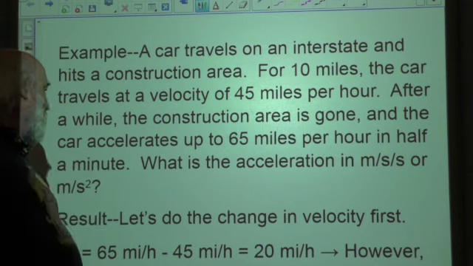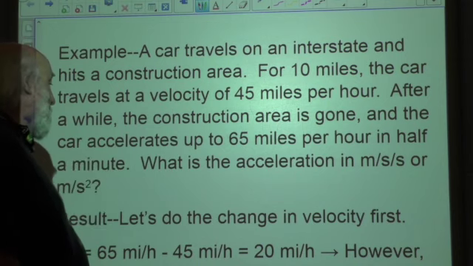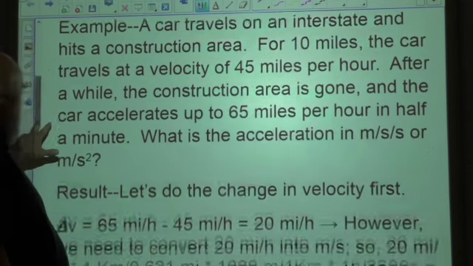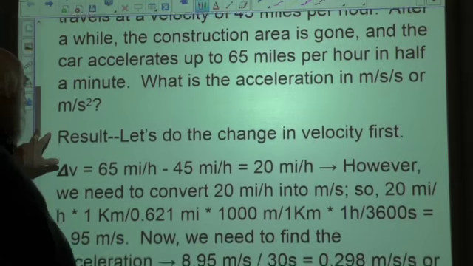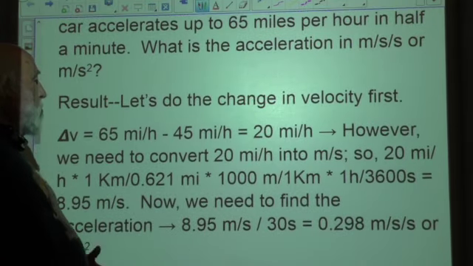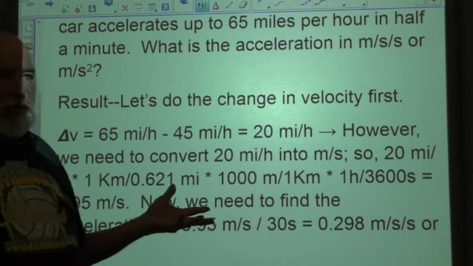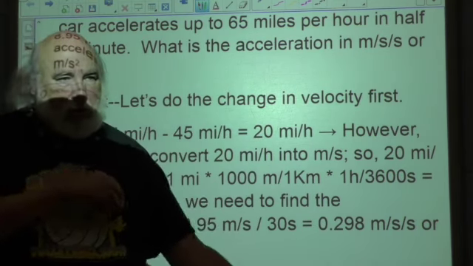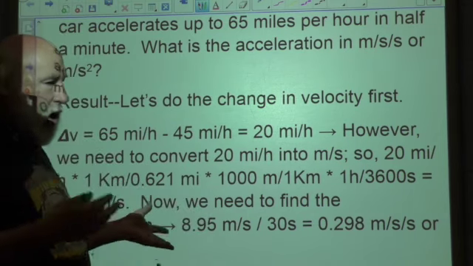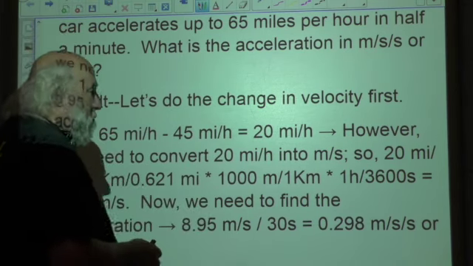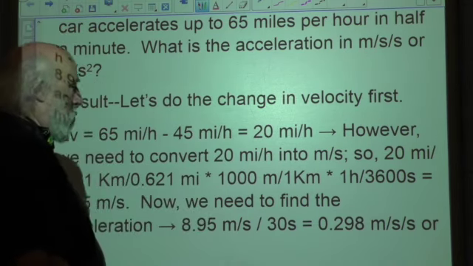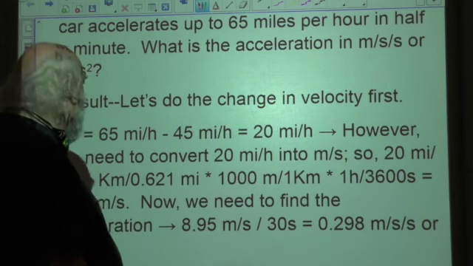What is the acceleration in meters per second per second? Okay? Now, the problem with this is that we have miles per hour, but we know that we want meters per second squared. So everything's got to be in terms of meters and seconds and not miles and not hours. So we have to convert everything over right away.